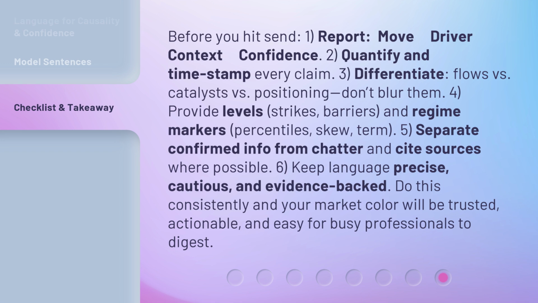Provide levels, strikes, barriers, and regime markers: percentiles, skew, term. 5. Separate confirmed info from chatter and cite sources where possible. 6. Keep language precise, cautious, and evidence-backed. Do this consistently, and your market color will be trusted, actionable, and easy for busy professionals to digest.